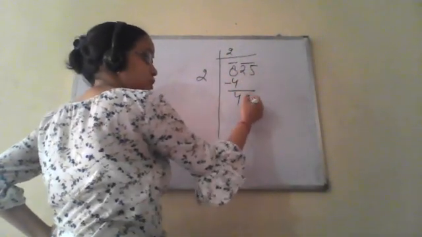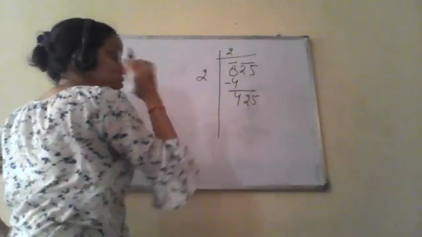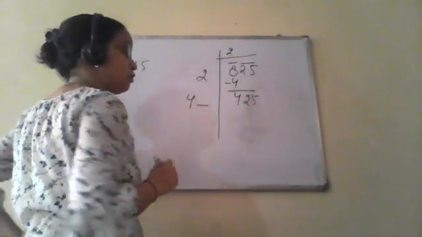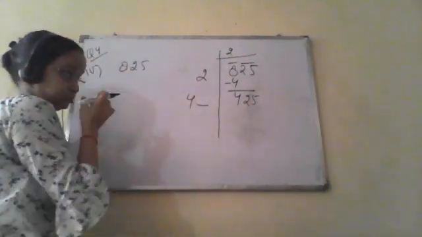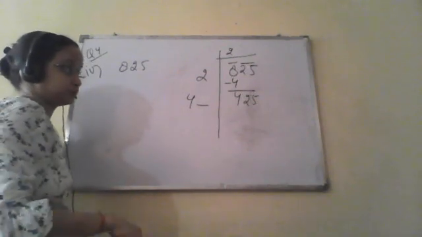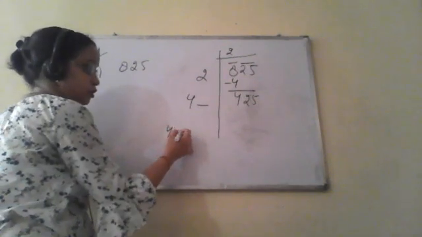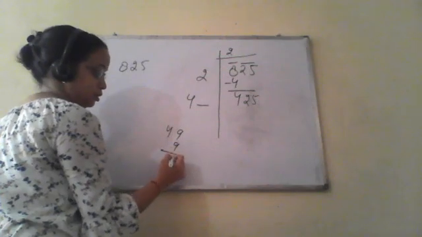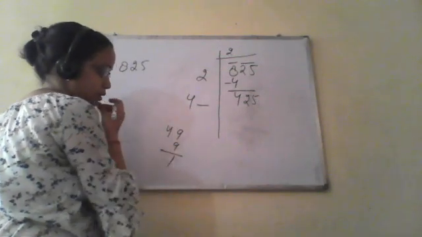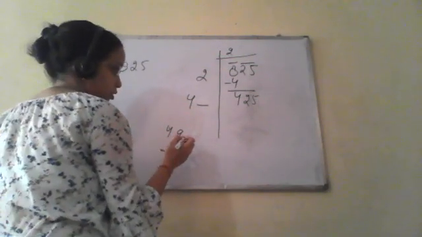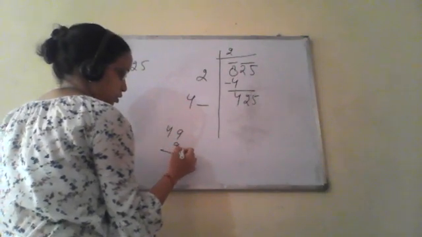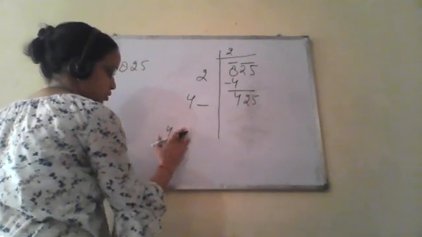We will bring down this 25 here. Double of 2 is 4, and now we have to think of a digit. Trying 489 times 9 gives 4401, which is greater, so we cannot go with that.